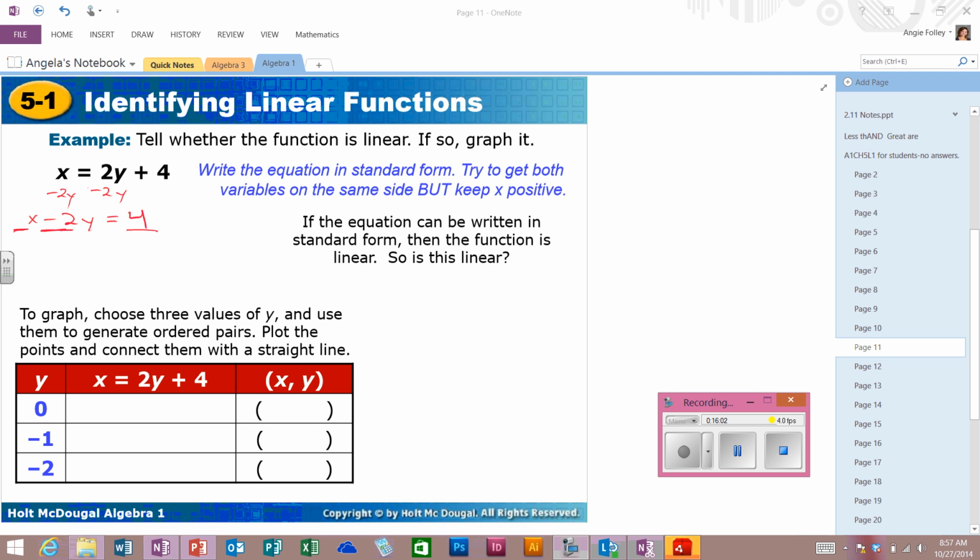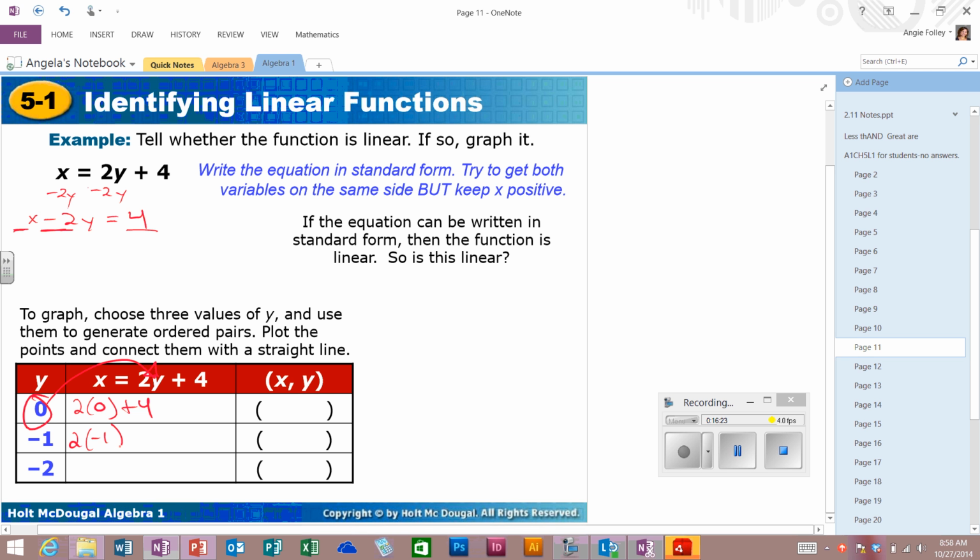They have already chosen values for us, and this time they chose y values to plug in, which is fine. You just have to make sure that they get plugged into the y, not the x. So this is a little different, but it's the same concept. We're going to plug 0 into y and add 4.